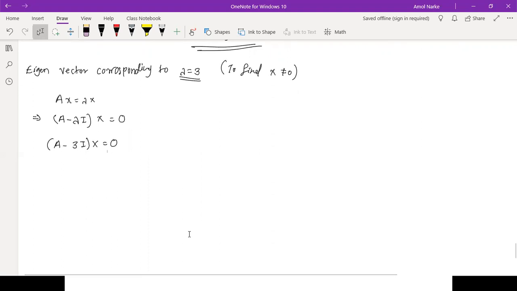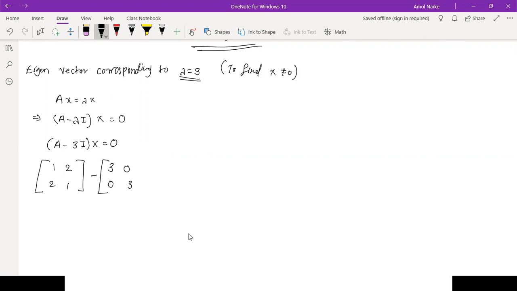Do you understand what I'm doing here? Okay. So what is your A matrix? Your A matrix you can write down here as [1, 2; 2, 1] minus [3, 0; 0, 3], which is equal to 0.